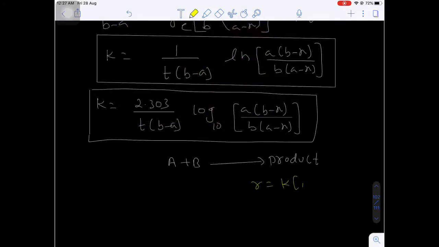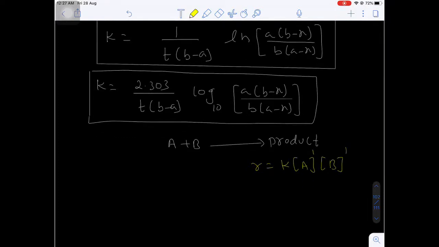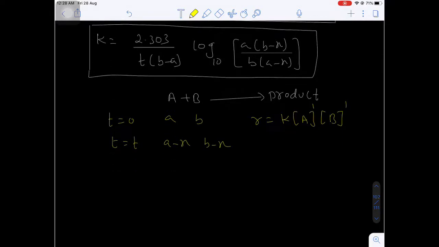R is equal to K times of A into B. The exponent values are 1 and 1. Now what is the actual K value here? At time interval t 0, the initial concentrations will be A and B. At time interval t, the concentration of reactant A will be A minus X and B will be B minus X. Up to here we know.